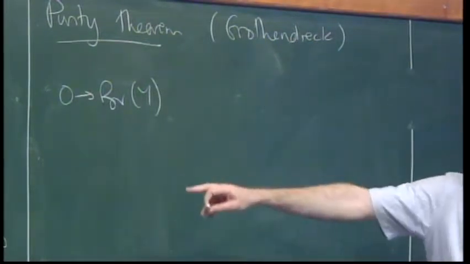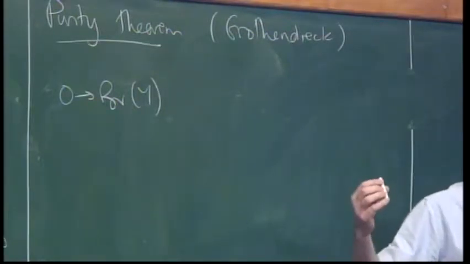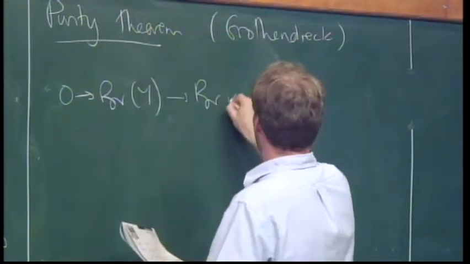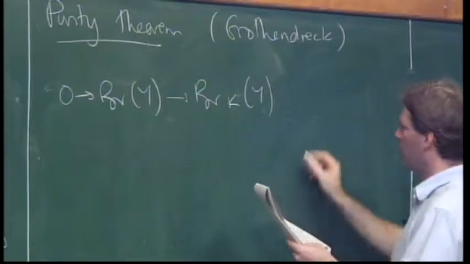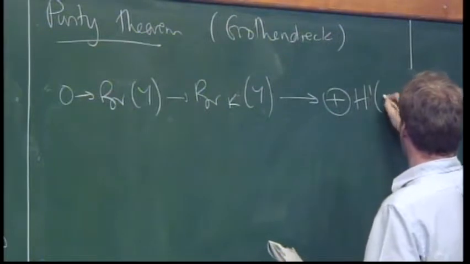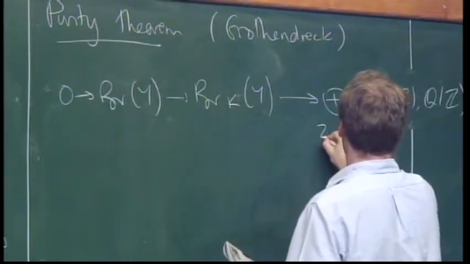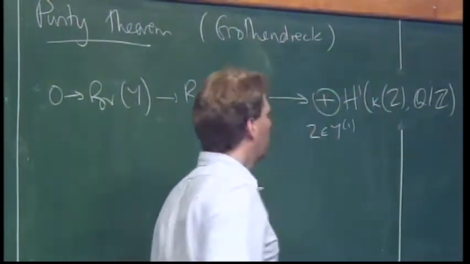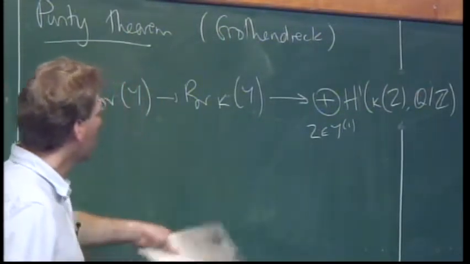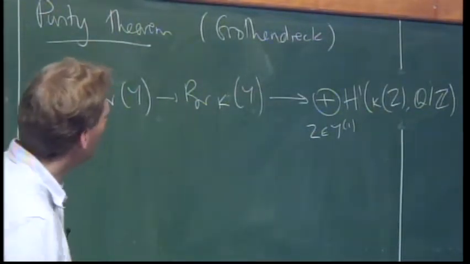So if I look at this over all of the prime divisors in Y, I can use this to compare the Brauer group of Y to the Brauer group of its function field. If I take all the codimension 1 subvarieties of Y, then the things that have 0 residue at every one.